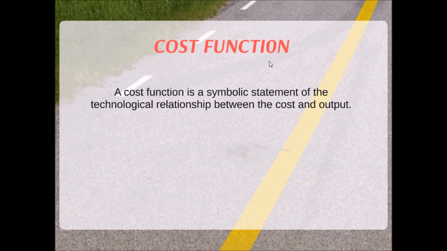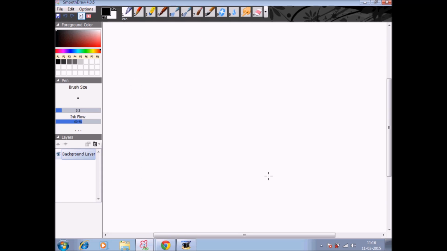Now, as we have already discussed production function, which signifies a relationship between the input used and the quantity produced, likewise, the cost function is a symbolic statement of the technological relationship between the cost and output. It is represented like this: total cost is always a function of the quantity produced.